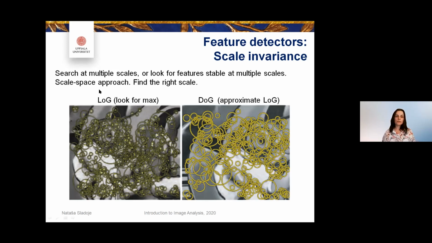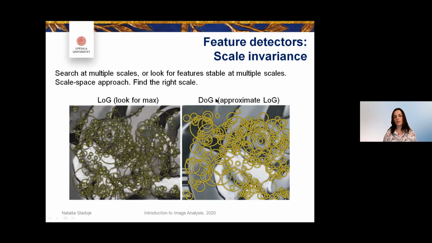To approximate Laplacian of Gaussian, we can use difference of Gaussians. That is quite a good approximation, and then the response is quite similar in the sense that there is again provided information about feature points, and by these differently sized circles, information about a particular scale where these features are detected as being maximum.